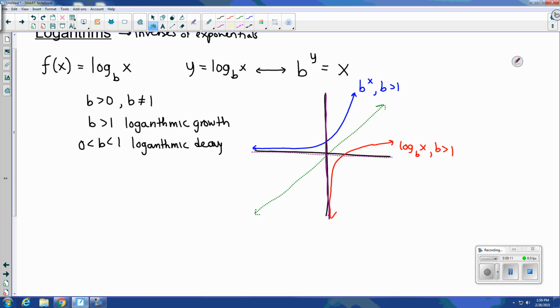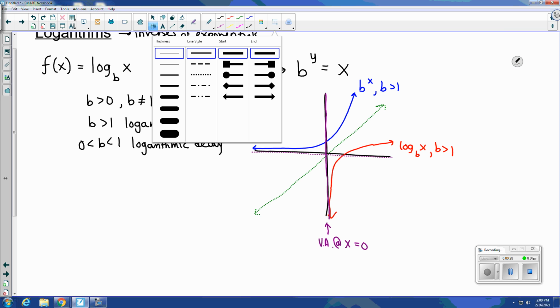So through the process of reflecting over the identity function y equals x, we can see that there's going to be a vertical asymptote at x equals 0 for a logarithm. So we're going to add that in.